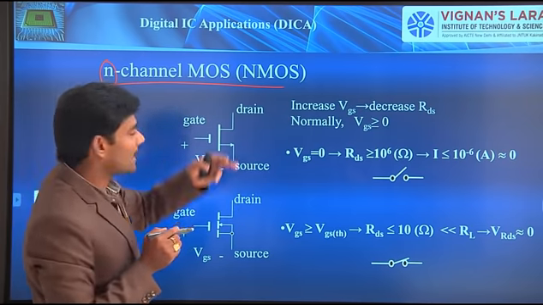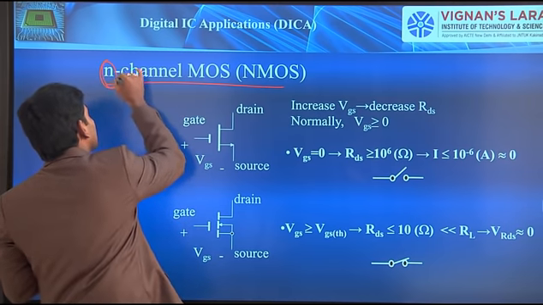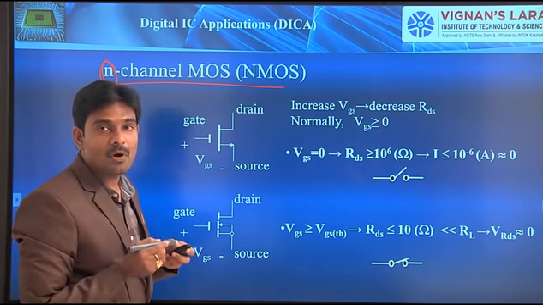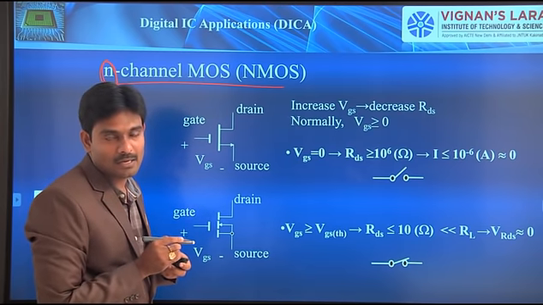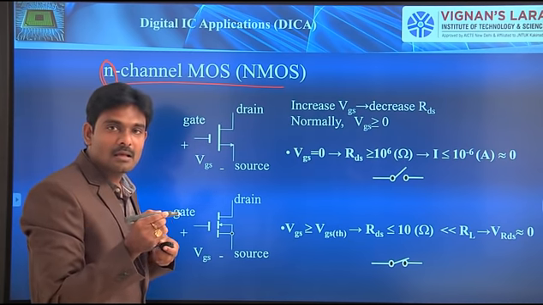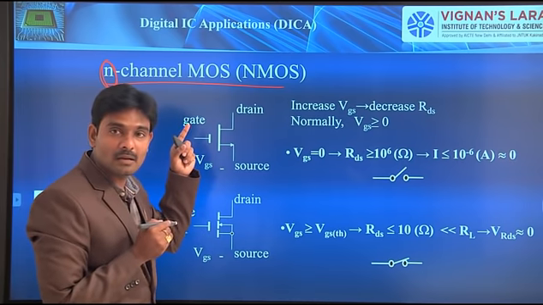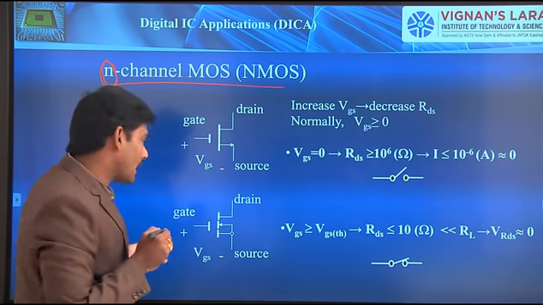So in this N-channel MOSFET, N indicates the type of semiconductor material we are going to use to realize the resistance controlled terminals, that is, the source and drain.